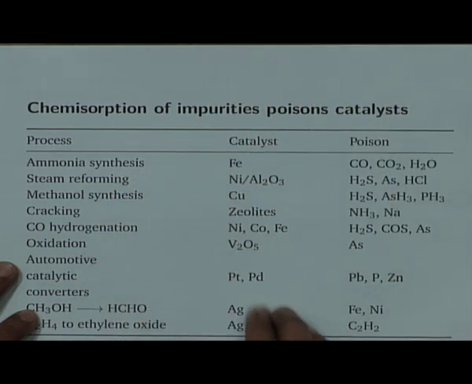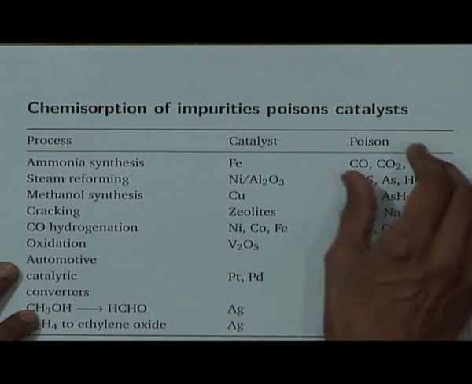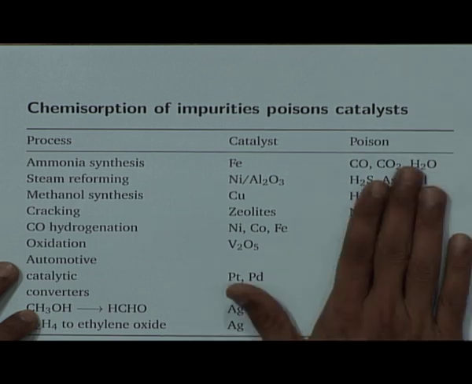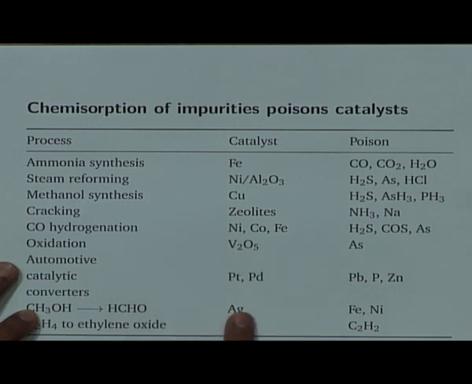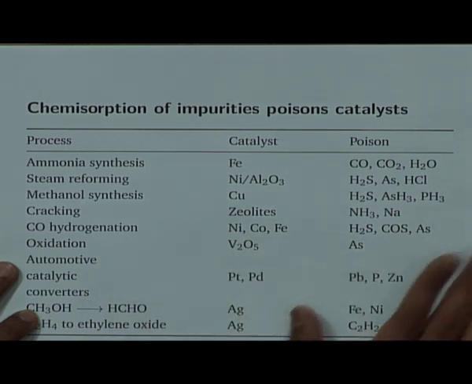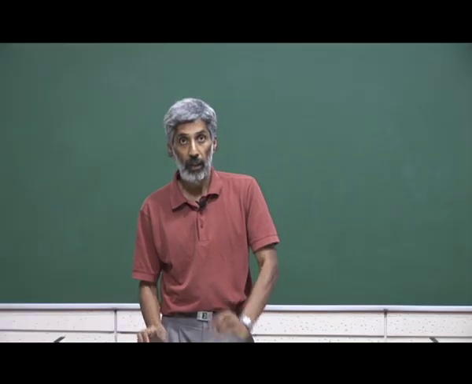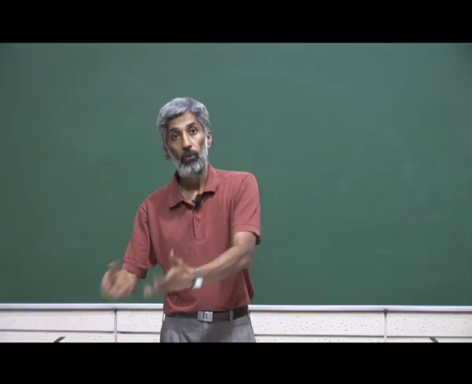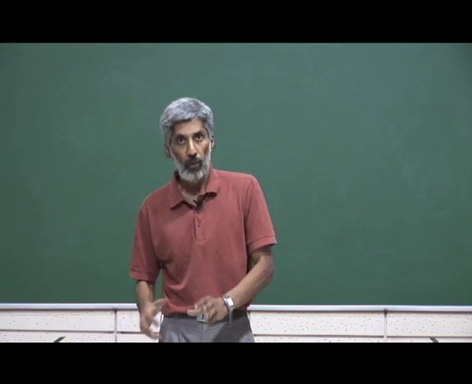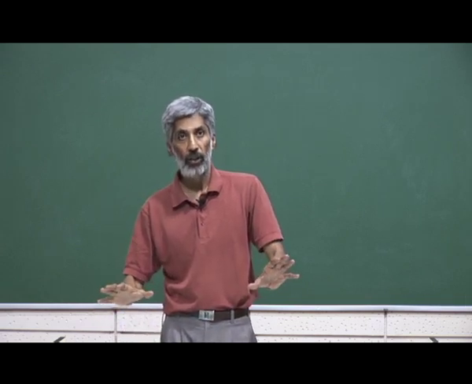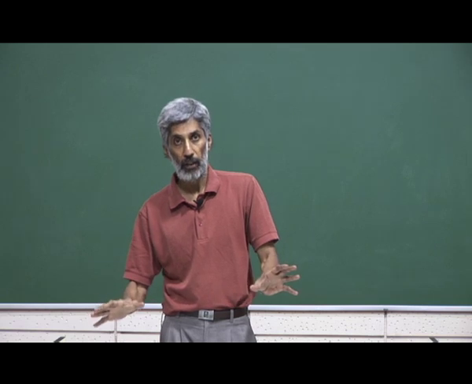For different catalysts, you can have different poisons, and poisons affect the catalytic performance. And so, you want to make sure that poisons are not present in the reactant phase when you do this reaction. So, with this, I think we will stop the general discussion about heterogeneous catalysis.